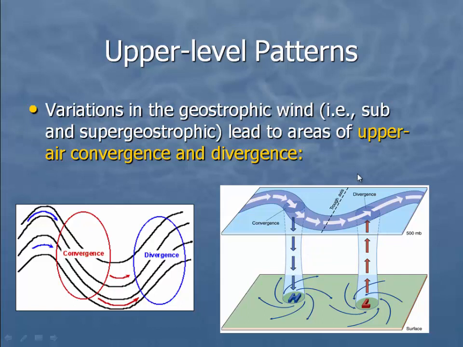If you have an upper level trough, you're nearly guaranteed to have a low pressure system east of that trough axis. Here's the trough axis running north and south. To the east of the trough axis, we know the winds slow down, subgeostrophic, and then go supergeostrophic around the top of the ridge. So we have speed divergence. Right, we come out of the toll booth, the air parcels accelerate, and they create upper level divergence.